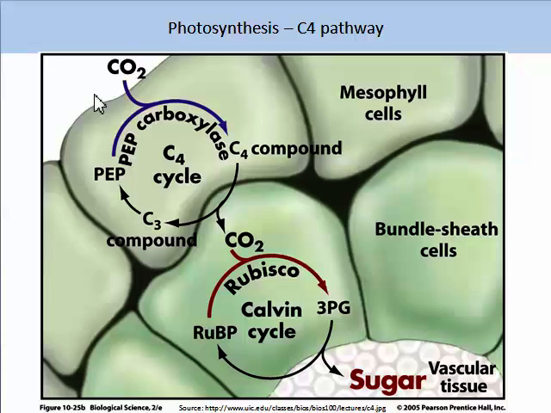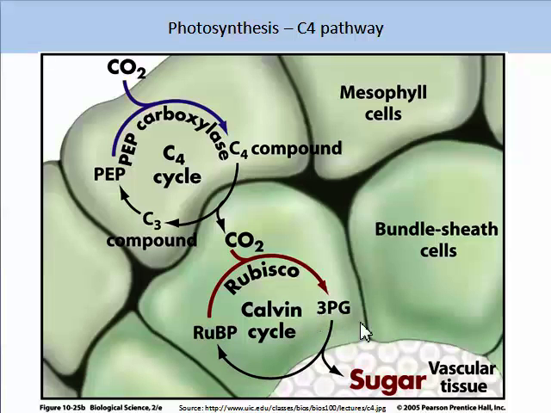Oxygen also dissolves into these cells, but as the compound PEP is used rather than RuBP, all the oxygen is ignored and only the CO2 is picked up and utilised in the cycle. A C4 compound is produced, which then moves the CO2 into the bundle sheath. Once the compound with the CO2 is in the bundle sheath, this carbon dioxide can then enter the Calvin-Benson cycle, which is the same as in C3 plants.